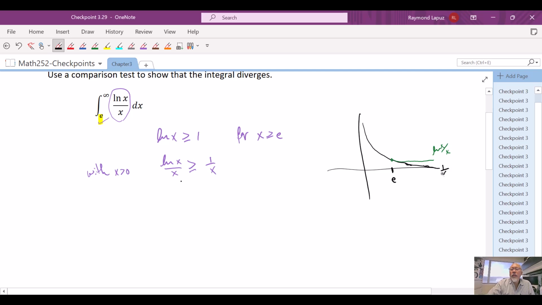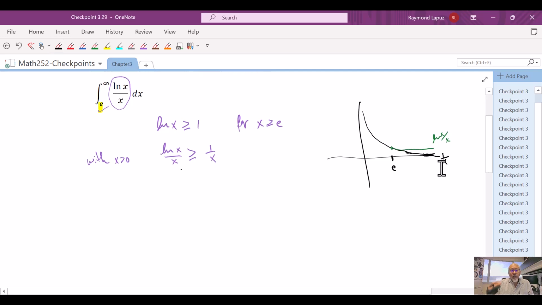This is the 1 over x function, and it doesn't touch the x-axis, but we know that ln x over x would be bigger. All right. So that would be what we will compare it to. We're going to compare it with the integral of 1 over x from e to infinity dx.